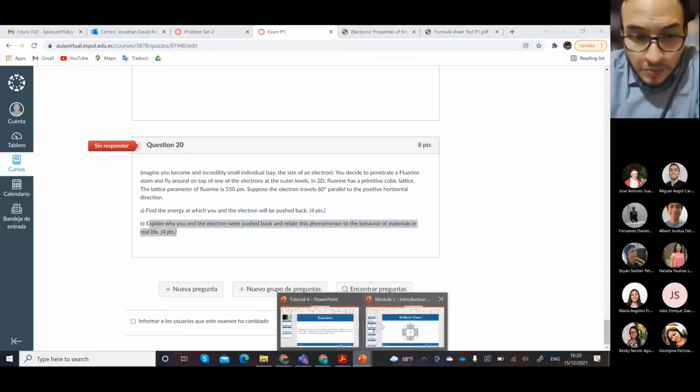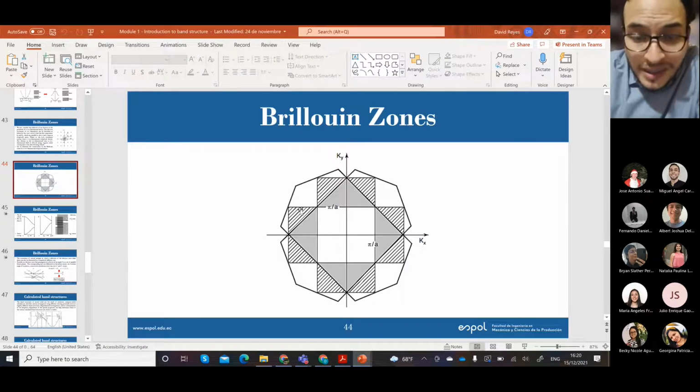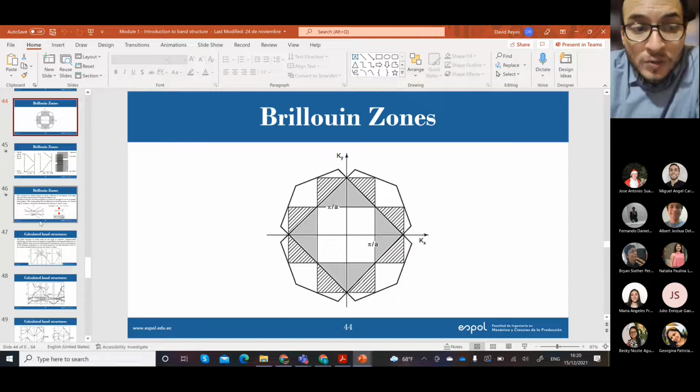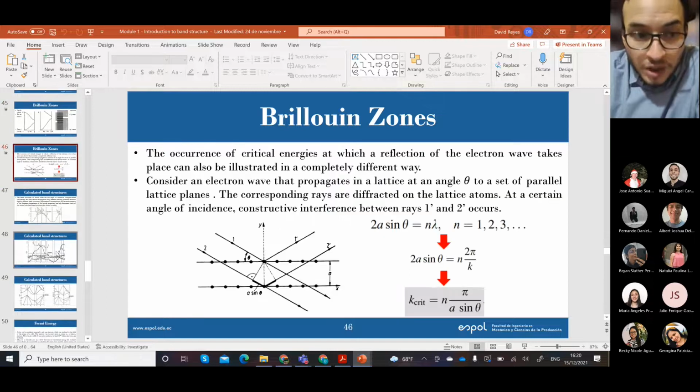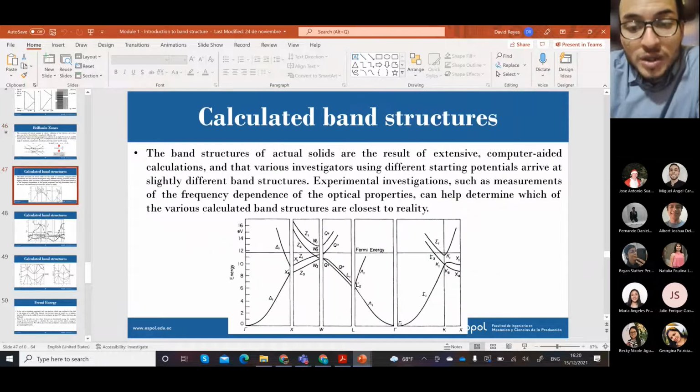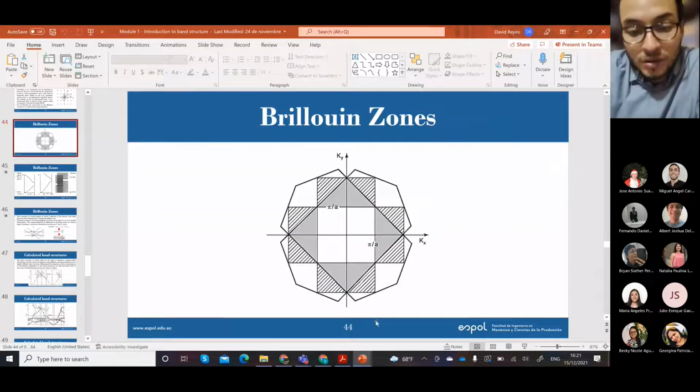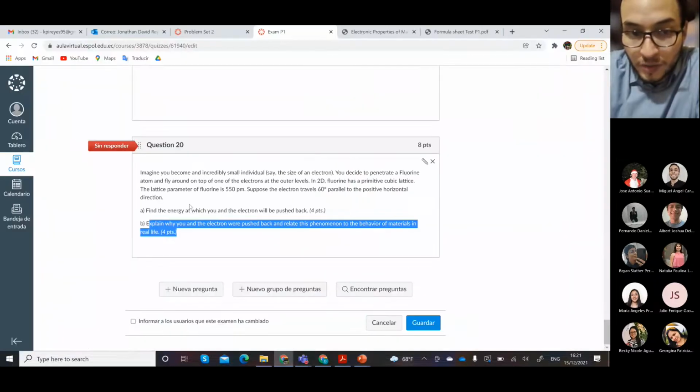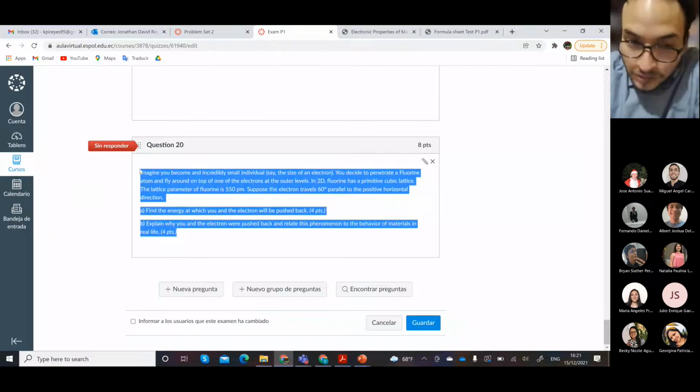Well, that's also explained here. This is the idea of the Brillouin zone. Remember that we define Brillouin zones to define the energy levels, and how certain electrons can occupy certain energy levels and then jump from one level to the other. You could have just explained that, and you could have gotten full marks for this question.